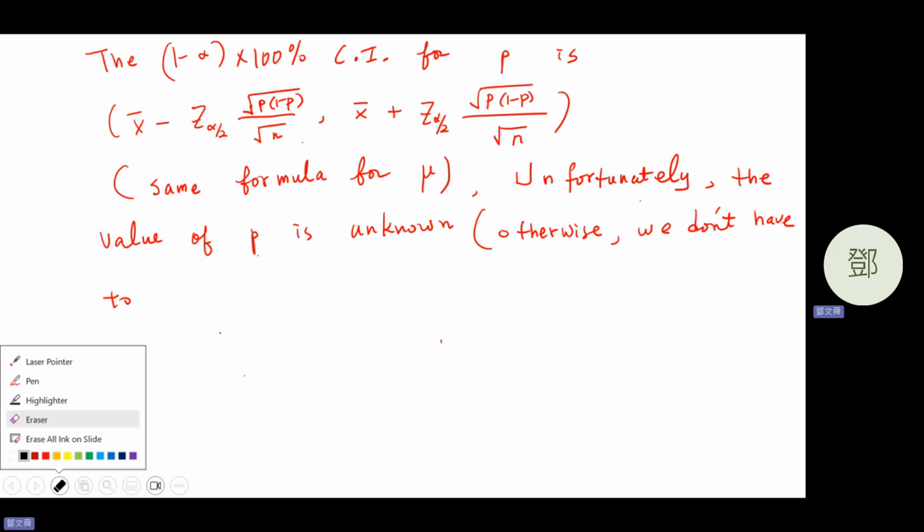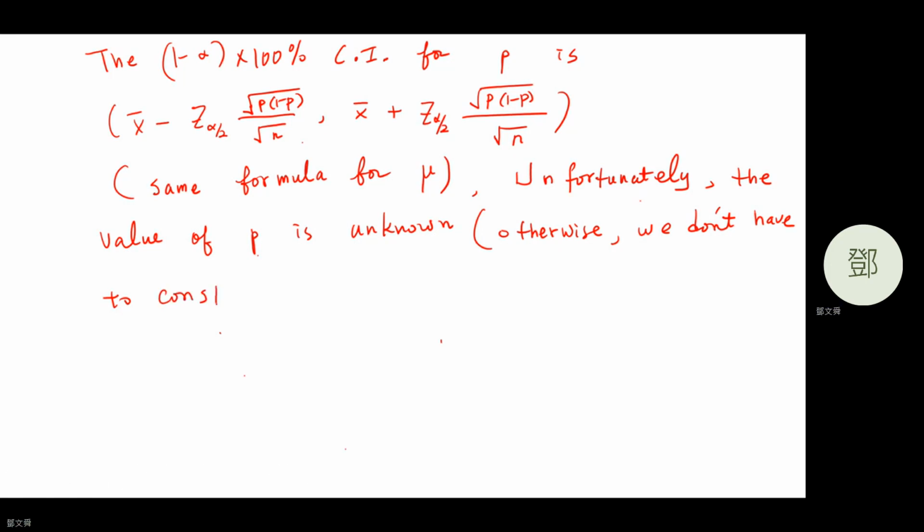Otherwise, we don't have to construct the CI for P. Because the value of P is unknown, we need to construct the confidence interval for P. And in the formula, there is an unknown value, P. So the formula is useless, because the value of P is unknown.